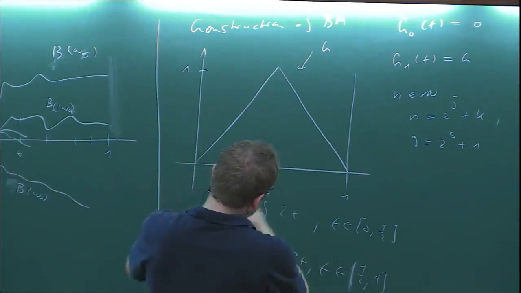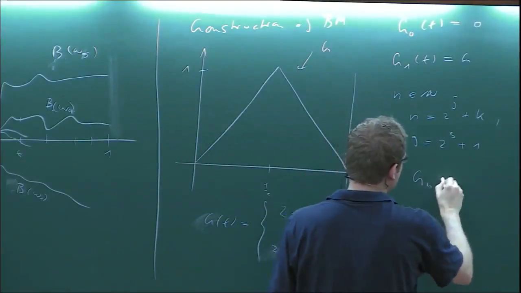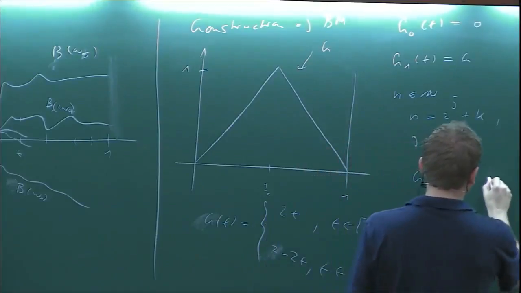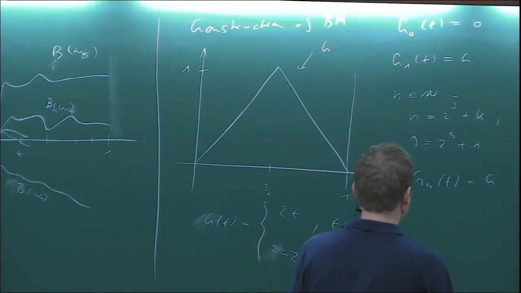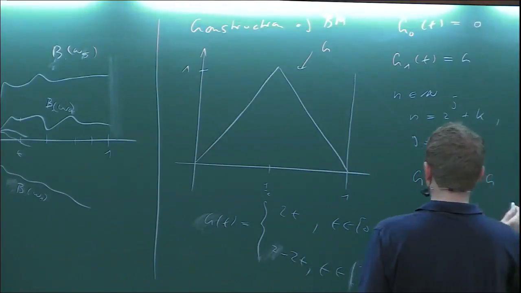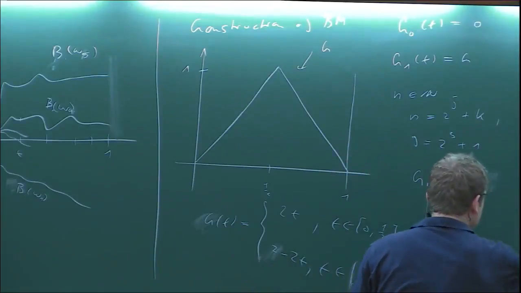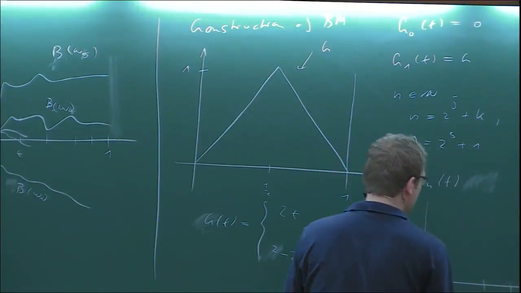Okay, so having this function, we can write down gn as nothing but a rescaled version of g. Maybe the best thing is to show it as a picture. We will take the partition.